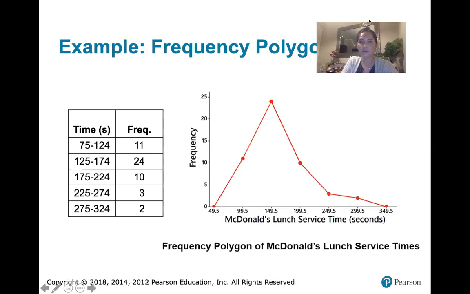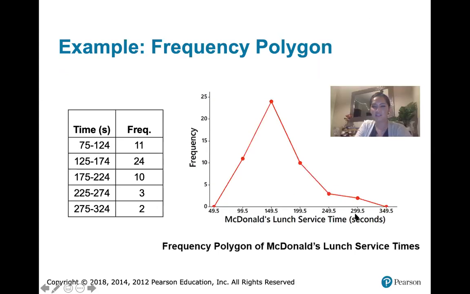So here's a frequency polygon for McDonald's lunch service times in seconds. And so here are our data. We've got the service times and the frequencies that are associated with each of those ranges. So this frequency of 11 tells us that in our data set, there were 11 data points that listed the service time that somebody got when they waited for lunch at McDonald's to be between 75 seconds and 124 seconds.